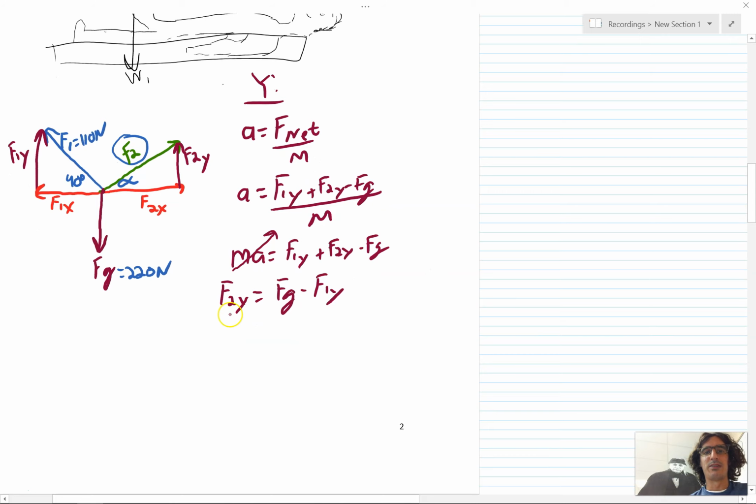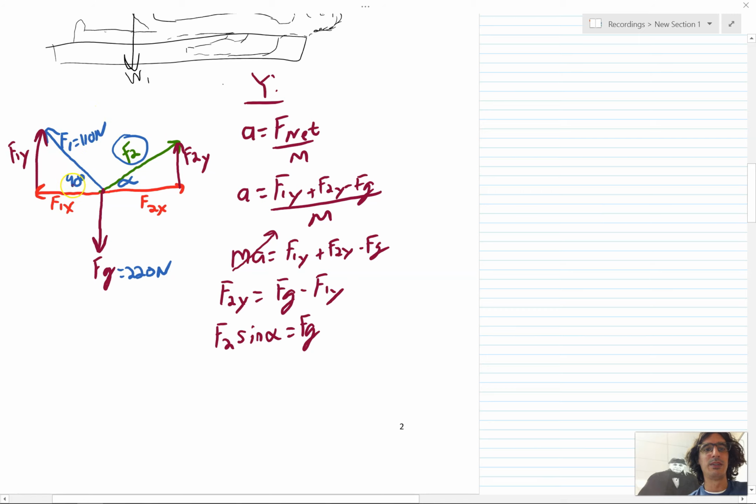Let's break down F2y and F1y based on their components. So F2y will be F2, it's opposite the angle, so sine of alpha, equals FG. We could keep it as that because we know FG is 220 newtons, minus F1y.